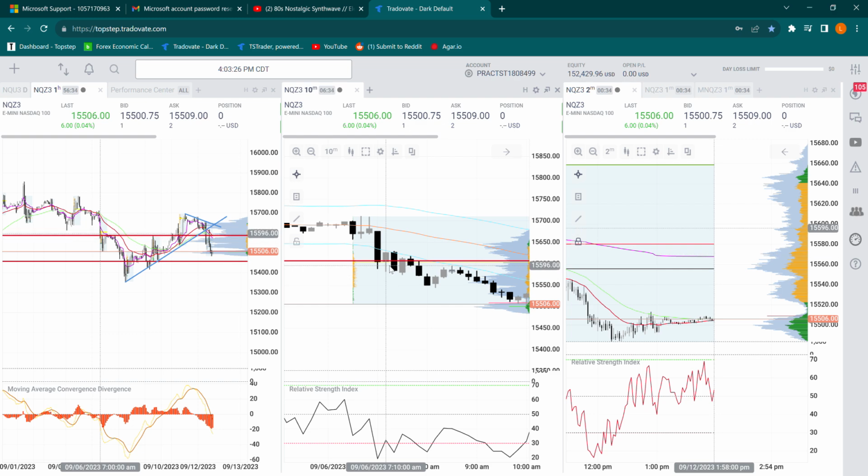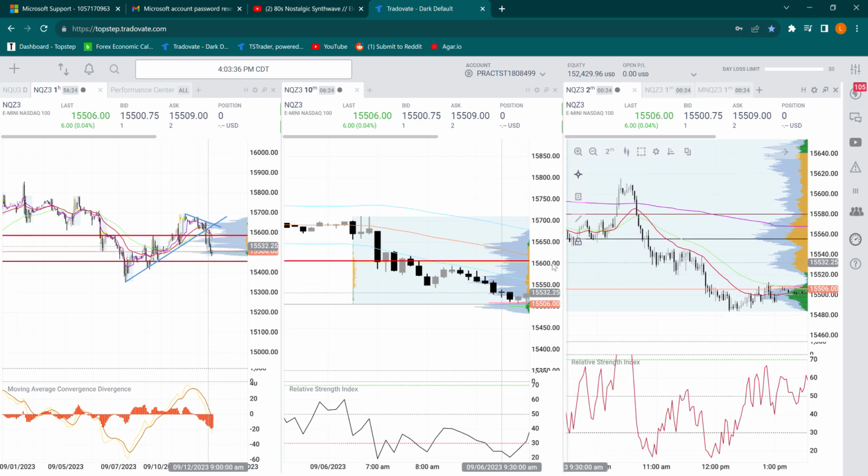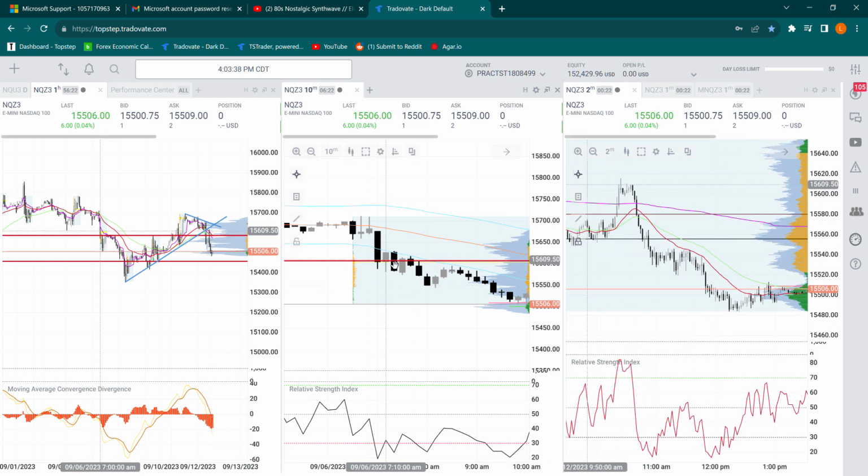It doesn't so much matter if it closes below the wick or the main body. You'll try and get in on the 1 minute anyways, but you're just looking for that continuation of the direction.